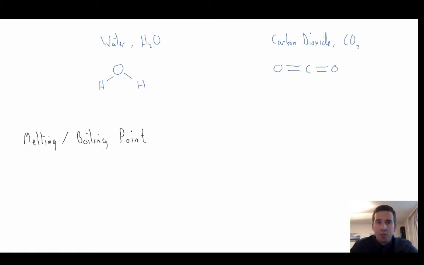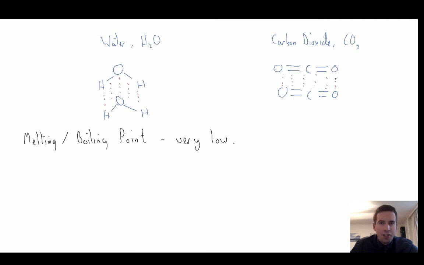Okay, so the melting and boiling point of simple covalent molecules is very low. Now not only do you have to know this fact, you have to be able to explain why. Now when you melt a simple covalent substance, think ice, okay? Or the same when you boil a simple covalent substance. The key point here is that you are not breaking any covalent bonds.